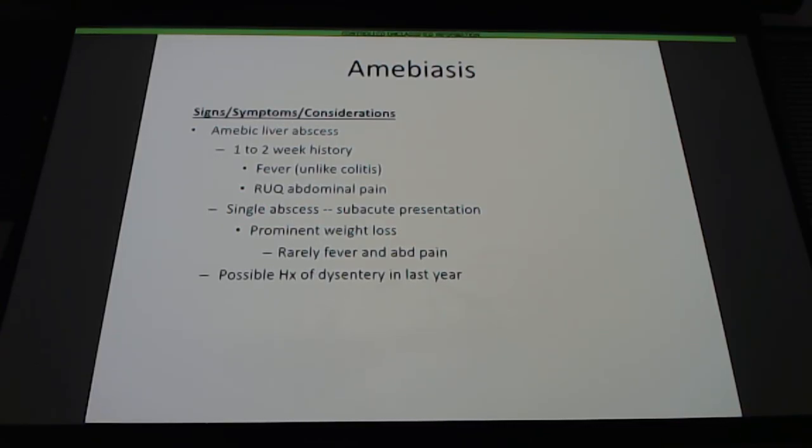Now, here it says that we have prominent weight loss. Remember, this thing is causing a systemic inflammatory response, setting off a bunch of cytokines. Those cytokines would be tumor necrosis factor alpha, interleukin 1, interleukin 6, which is trying to help you, right?